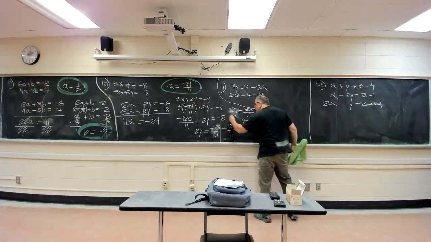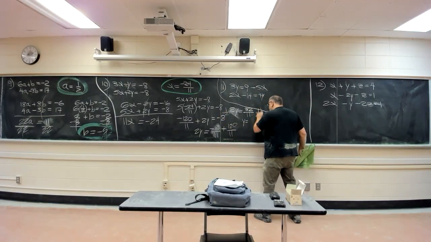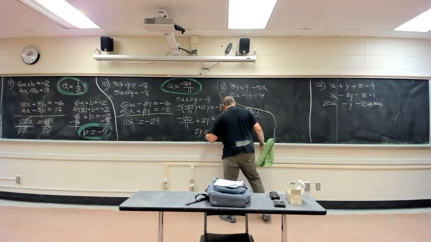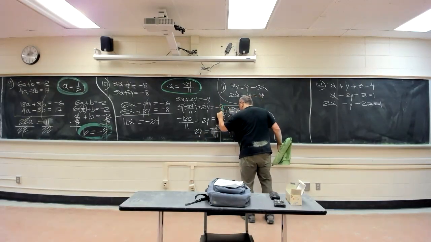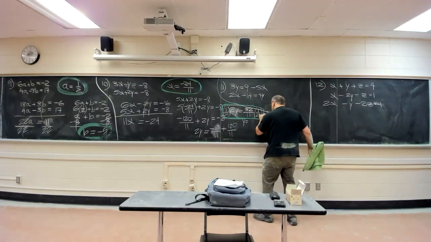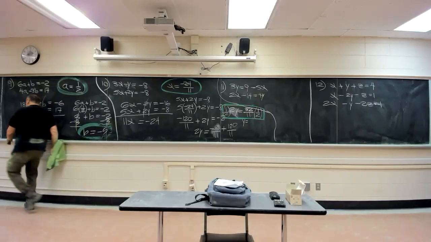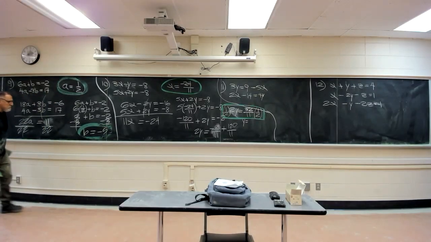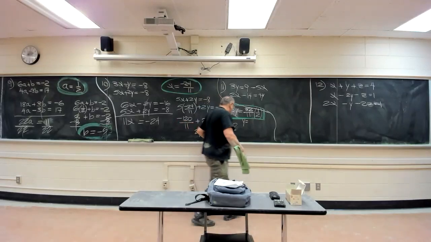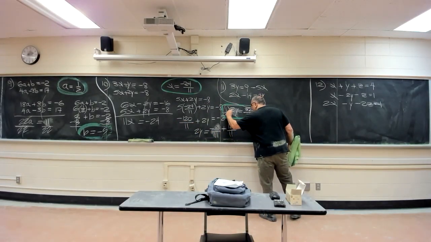So you can multiply by a half on each side, or divide by 2 on each side.